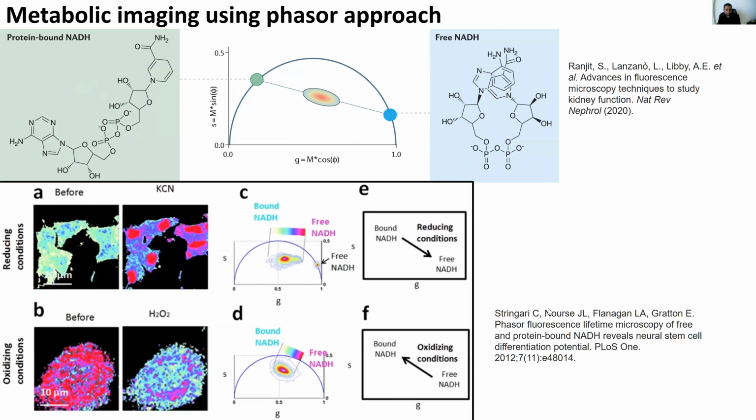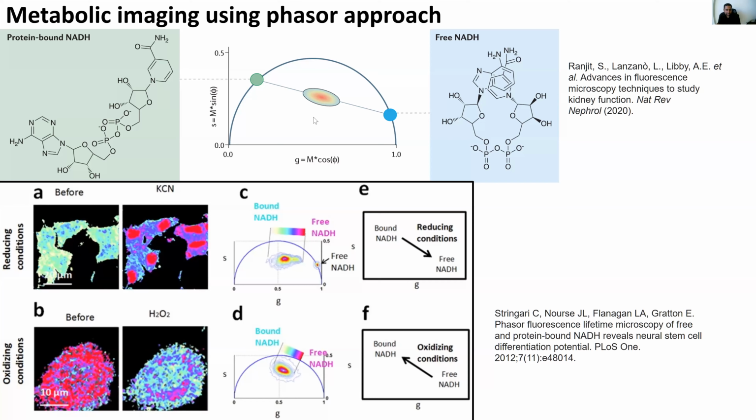The first paper from Enrico's lab was from Chiara, which looked at neural stem cell differentiation. If you add reducing conditions, by adding potassium cyanide, it goes more towards free NADH. If you add oxidizing conditions, with hydrogen peroxide, it goes more towards bound NADH.